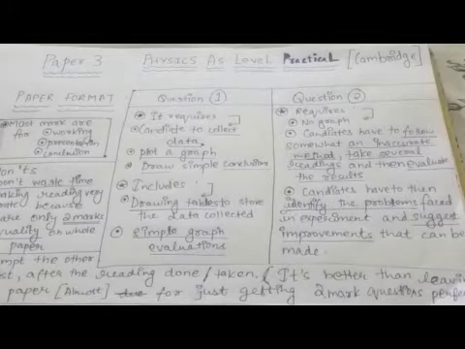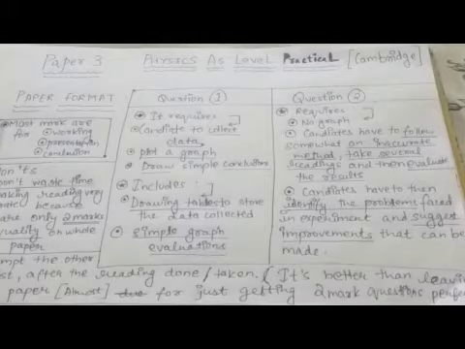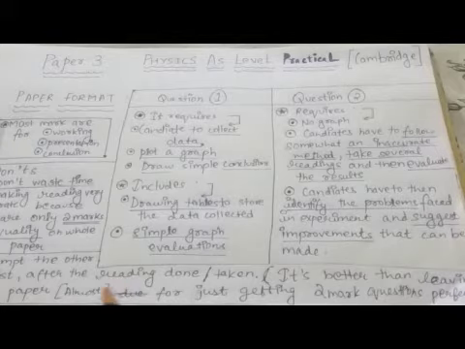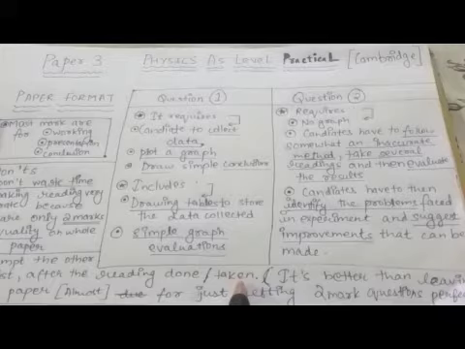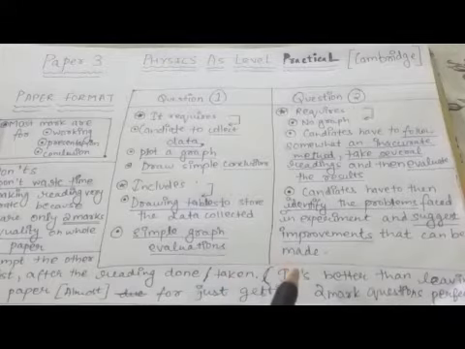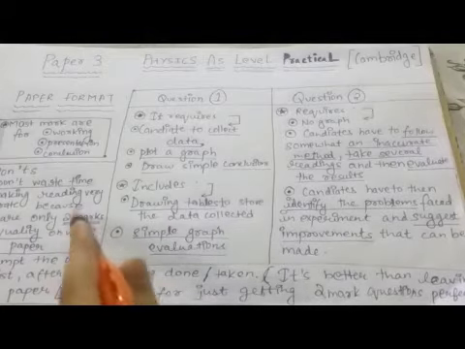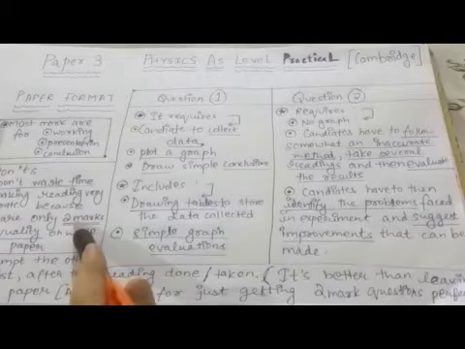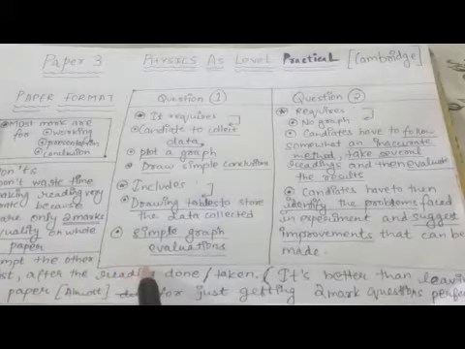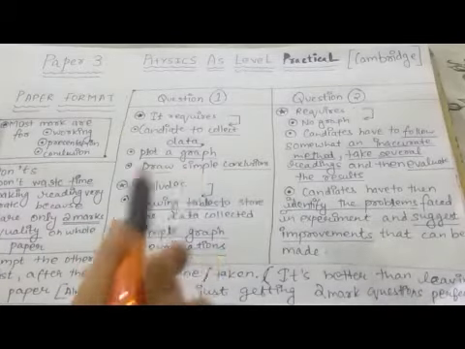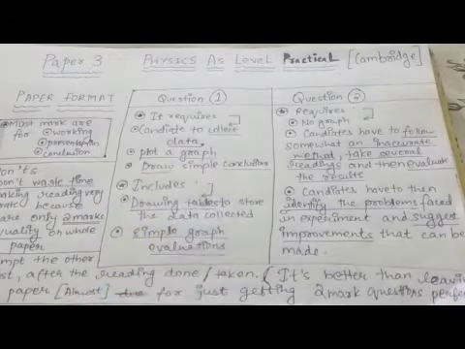Rather, I suggest you focus on the other parts of the paper, which will make you score more marks. You can't miss all the marks for just a 2 mark question, right? And mostly for all the readings you'll get 1 mark.